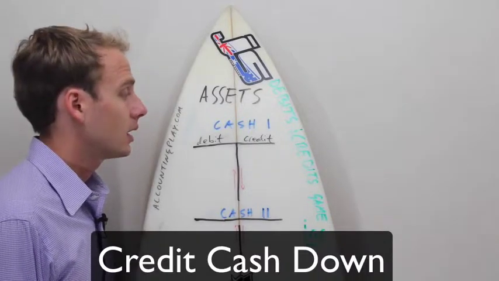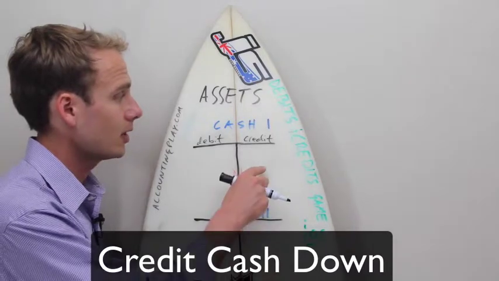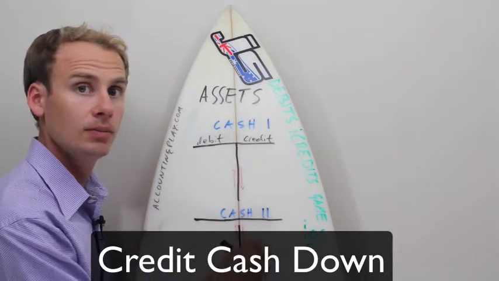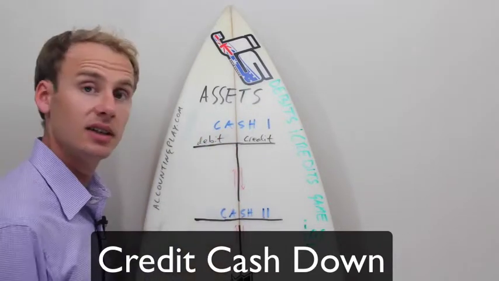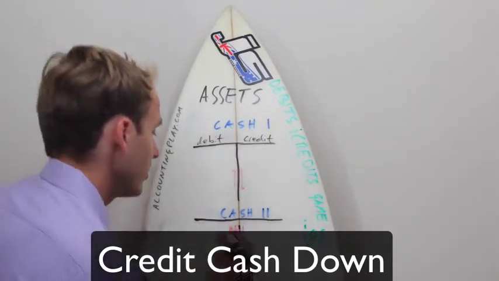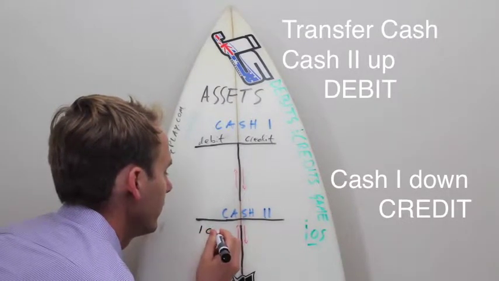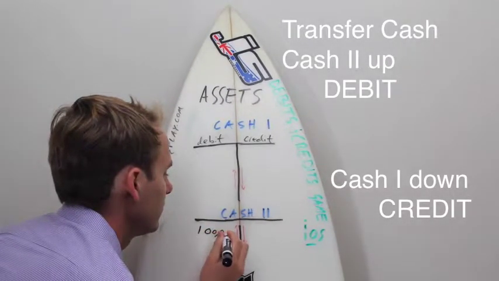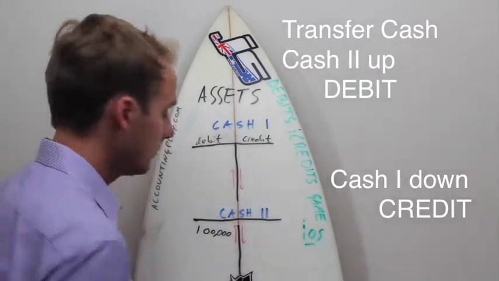So let's say we are going to transfer from account 1 to account 2. Let's increase the cash here. So increase cash with a debit, 100,000, because we mean business here at Accounting Play.